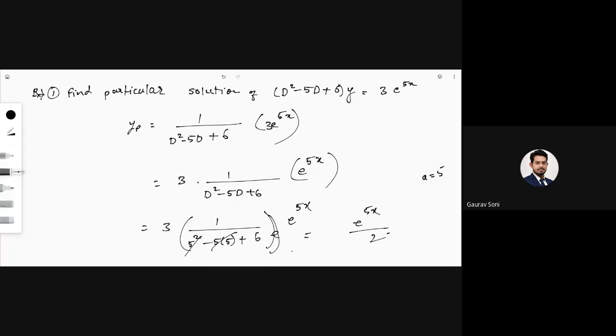The denominator didn't become 0, so it was a bit easy. Even if the denominator becomes 0 somehow, still we can get to the solution. And the solution is, find the particular integral for D square plus 4D plus 3 y is equal to e to the power minus 3x.